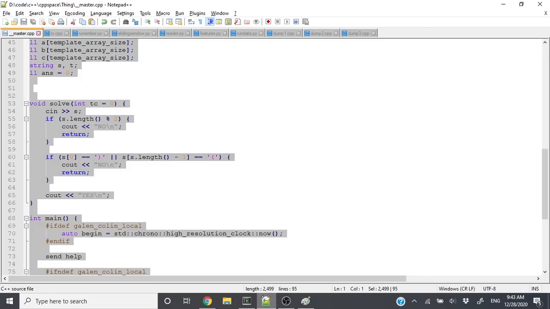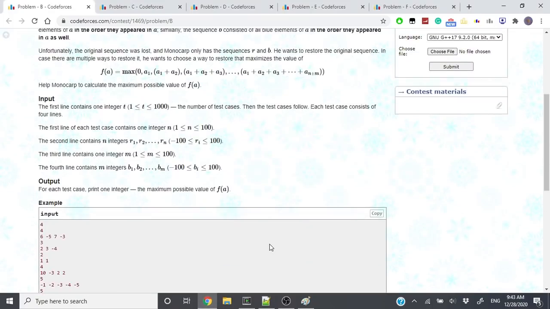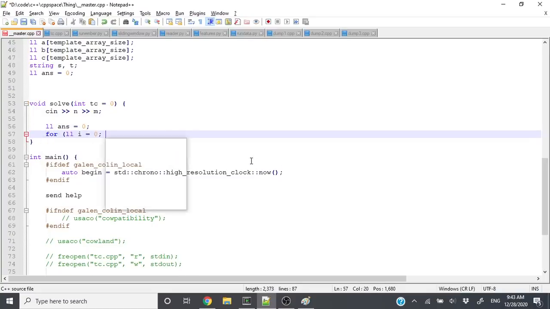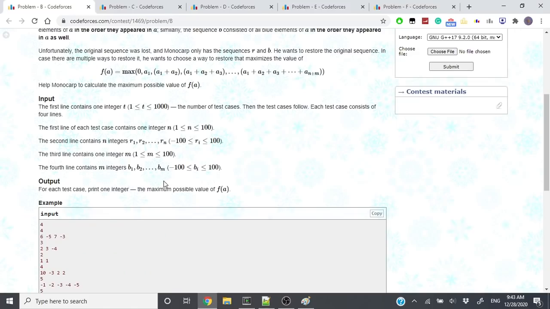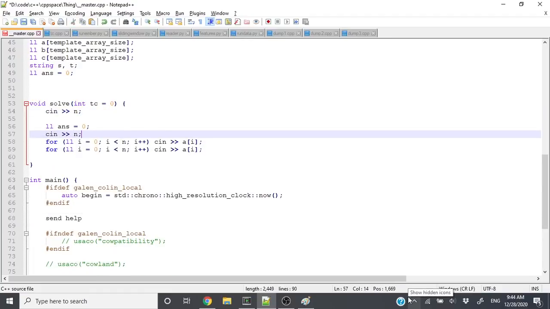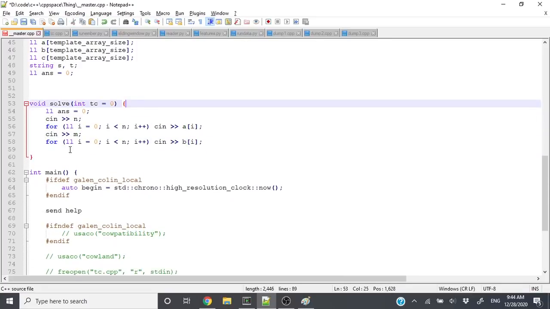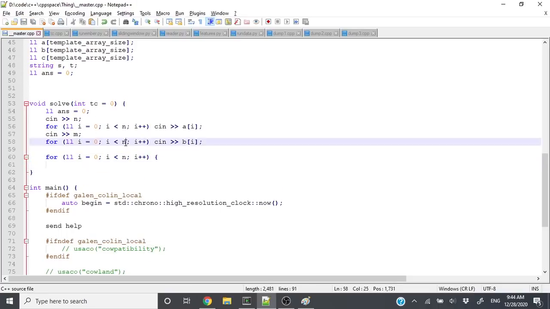Can I code this? That's interesting. Okay. C into N, M, I would imagine. Oh, C into N. I do see that typo.